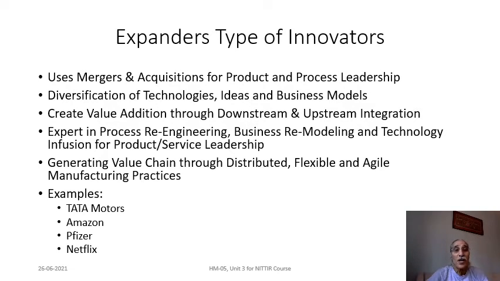So they use mergers and acquisitions, they use diversification of technologies, ideas, and business models. They create value addition through downstream and upstream integration, and most important of all, they re-engineer those businesses which are not doing well and convert them into profitable ventures.